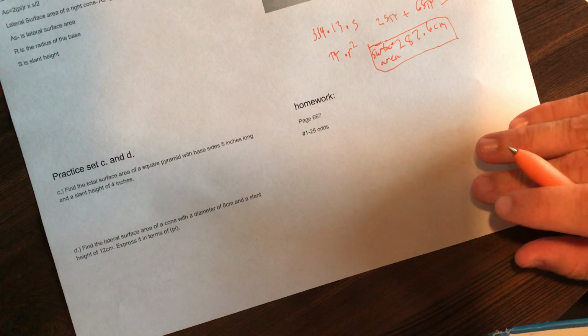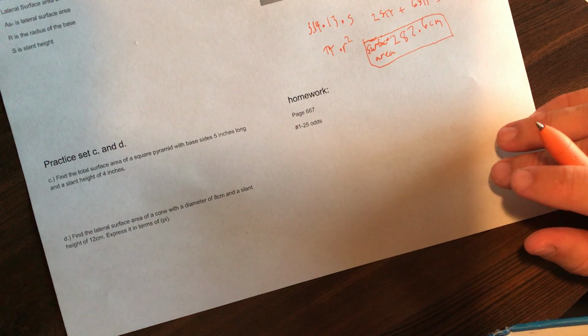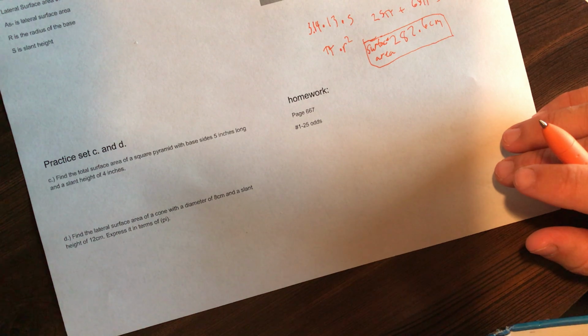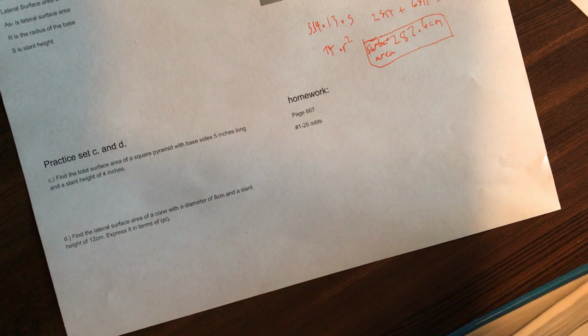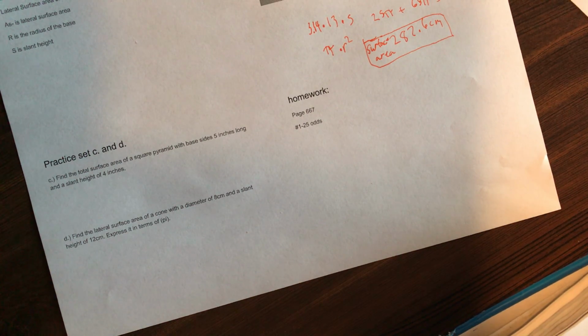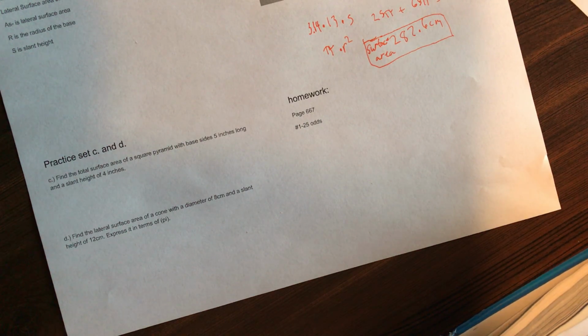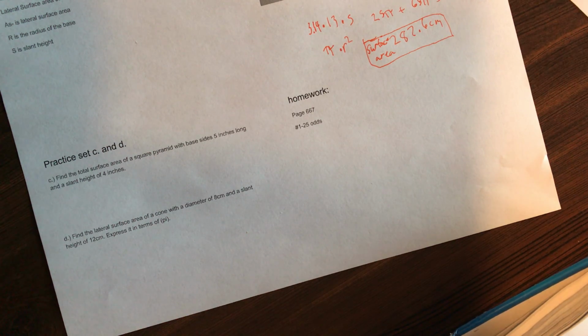Find the total surface area of a square pyramid with sides 5 inches long and a slant height of 4. Well, you might have to go look at your formulas again. If you remember, we can do this by perimeter times your slanted side.